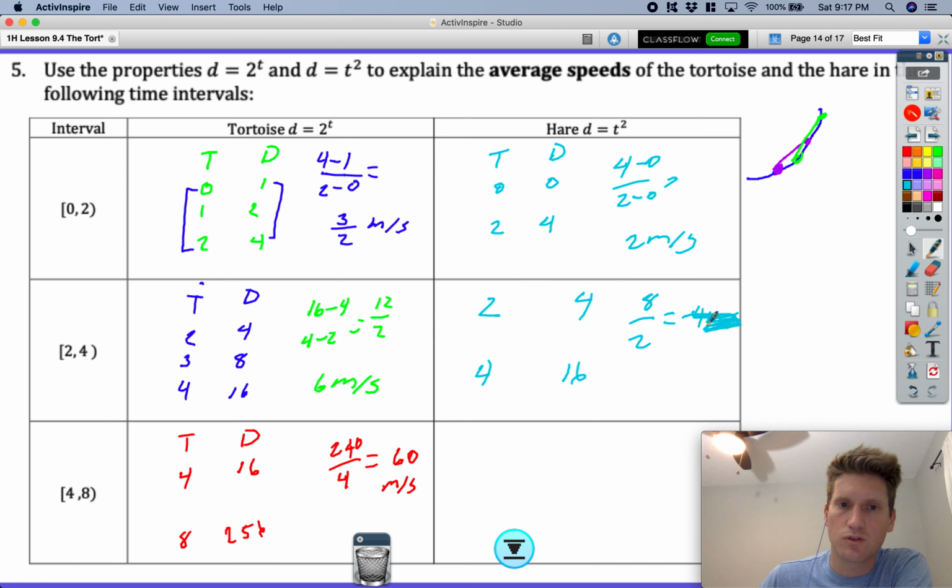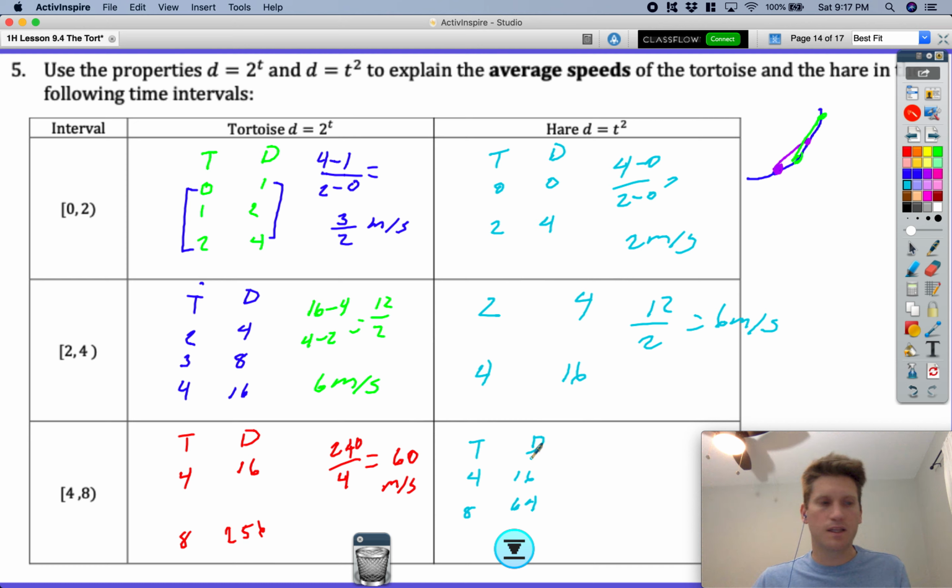Excuse me. 16 minus 4 is 12 over 2, which is 6 meters a second. And then finally, on this last interval for time and distance, we had at 4 meters, 16 seconds, and at 8 meters, he's at 64 meters.